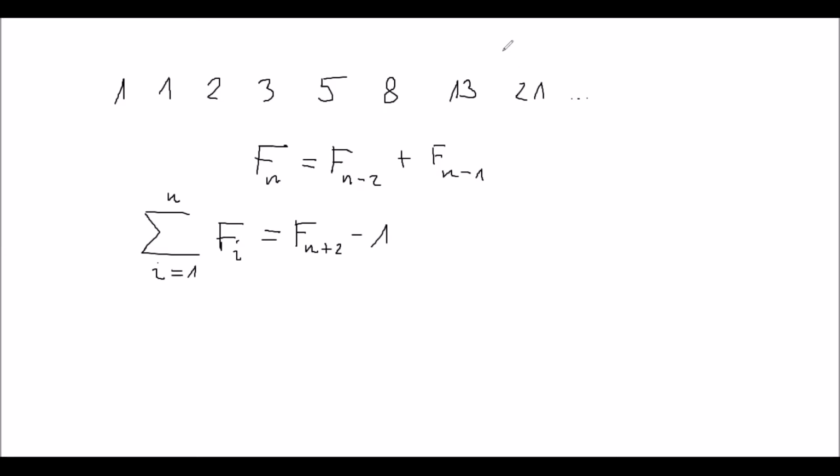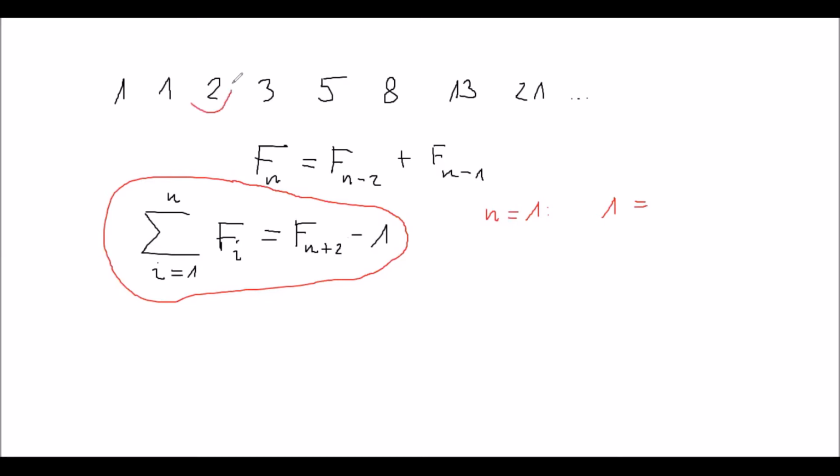If n equals 1, then this equality becomes 1 equals f3 minus 1, and f3 equals 2, so this is 2 minus 1.